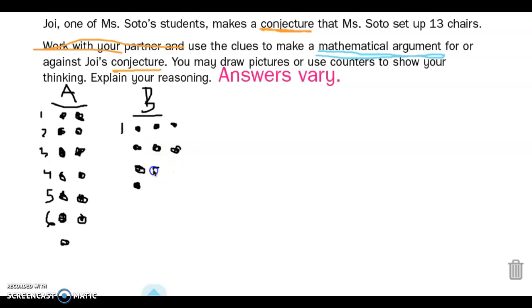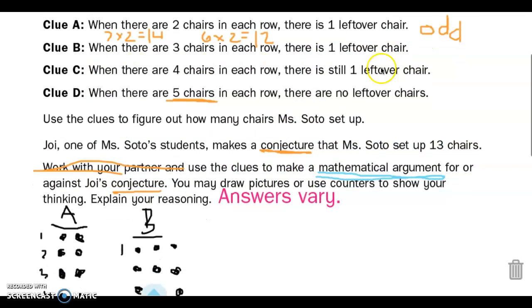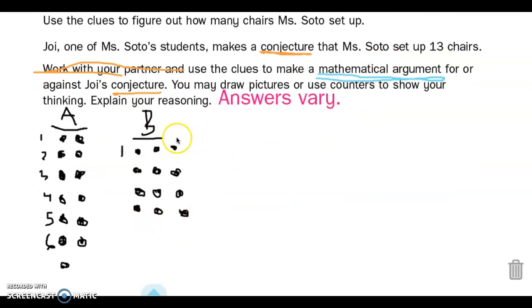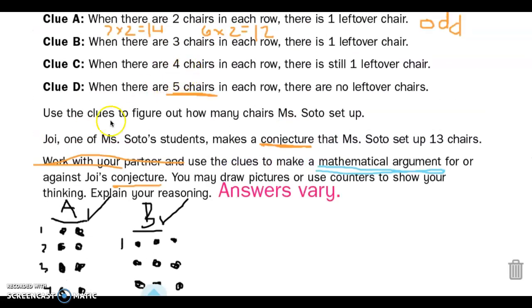And let's see, what was my other hint in clue B? That there had to be 3 chairs in each row with 1 left over. Well, if this is 12, 4 times 3 equals 12, and this is my 13th one. So far, so good, right? Our clue checks out, and clue B works too.